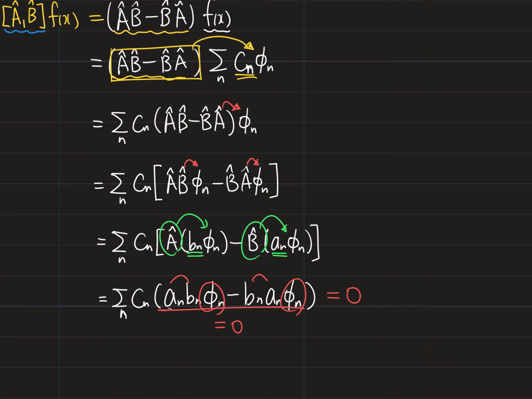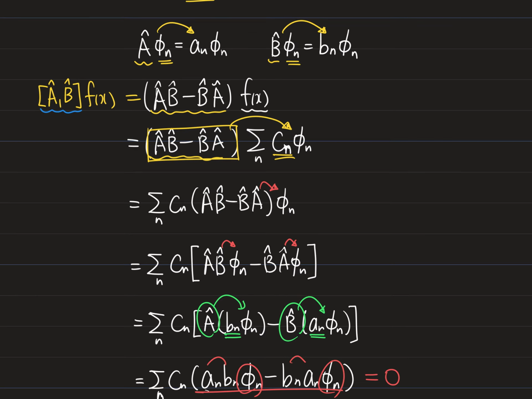That means if we go back to the very first expression, this is actually the result of applying the commutator of A and B on an arbitrary function f(x). So the arbitrary function f(x) cannot be 0. I mean, it can be 0, but there is no condition for f(x) to be 0. But we have the equality for any f(x).